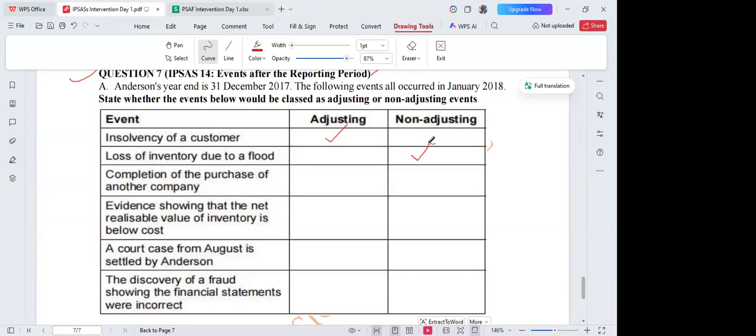The underlying condition was not there, so it's non-adjusting. Reason: natural disaster. Okay, next.